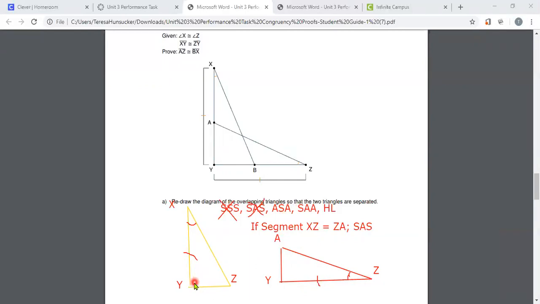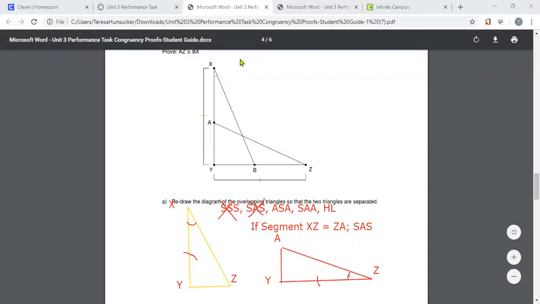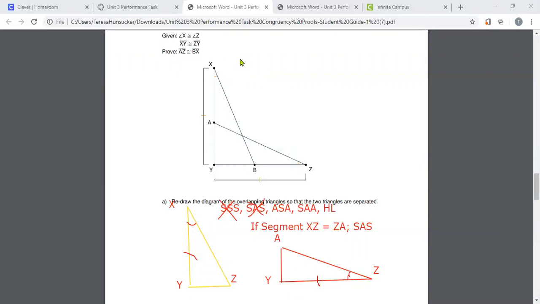So since angle Y also shares XY, and angle Y here also shares YZ, those two angles would have to be congruent by the reflexive property. So that would be another thing you would state, okay?